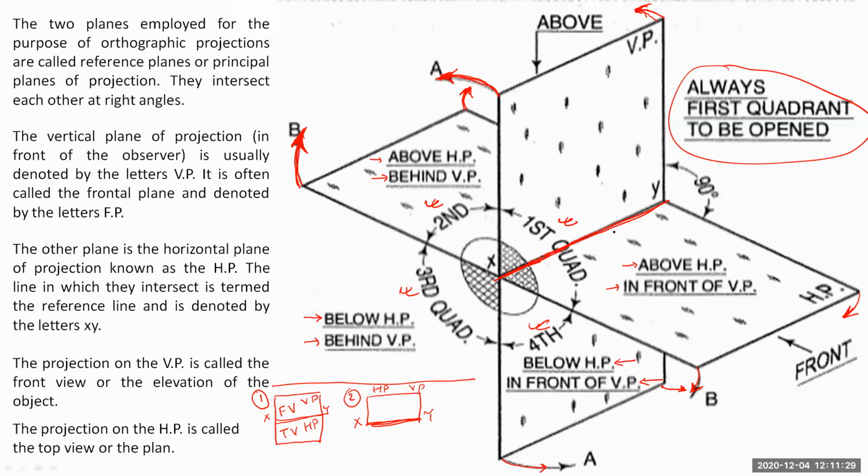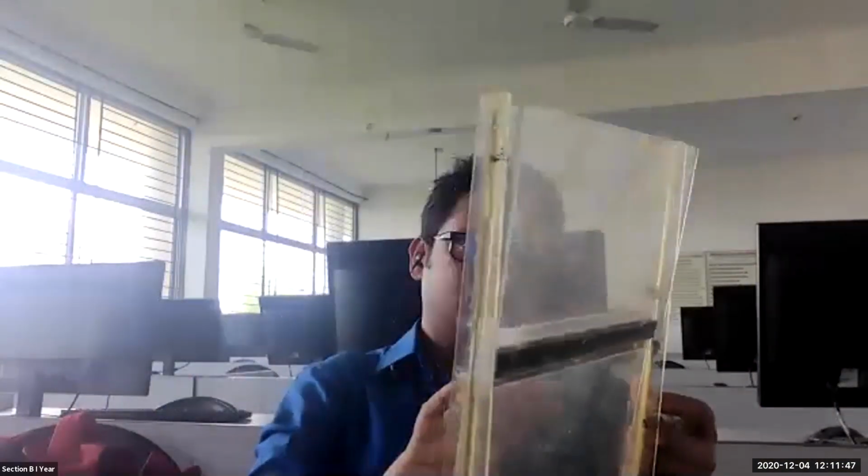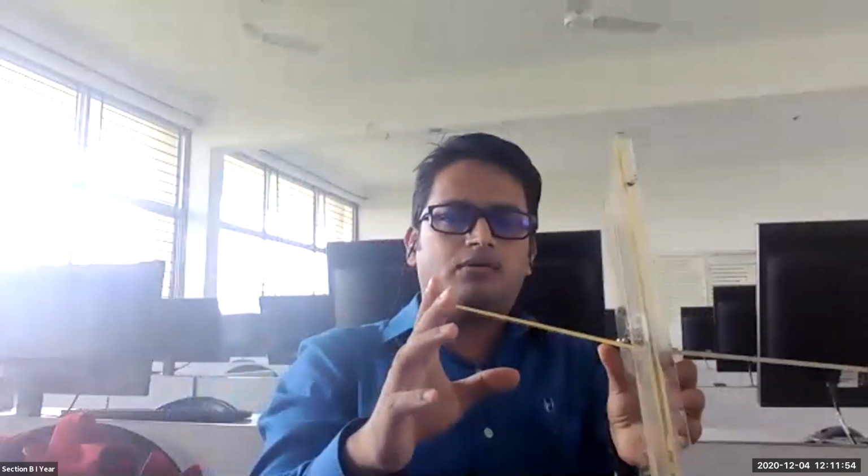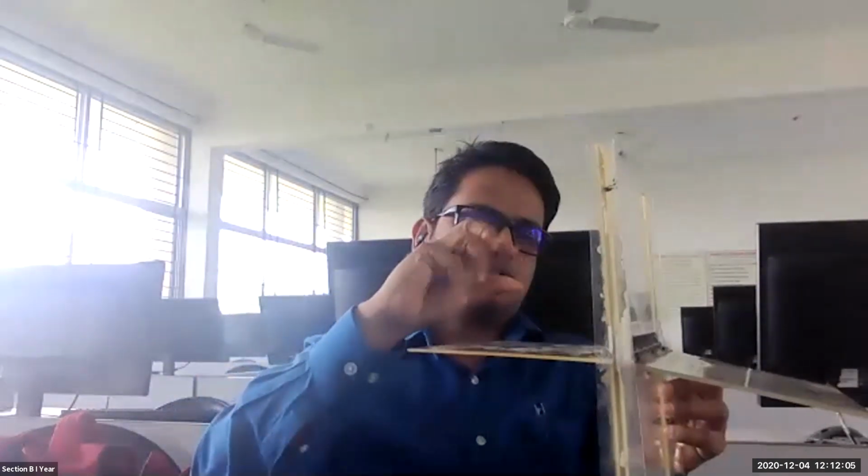This time I will be using that real example. Let me close this screen share so that my video will be visible. I will take that glass board. For the case of first angle projection, I was telling when the object is placed over here, I am considering that I am the observer and the object is placed here.